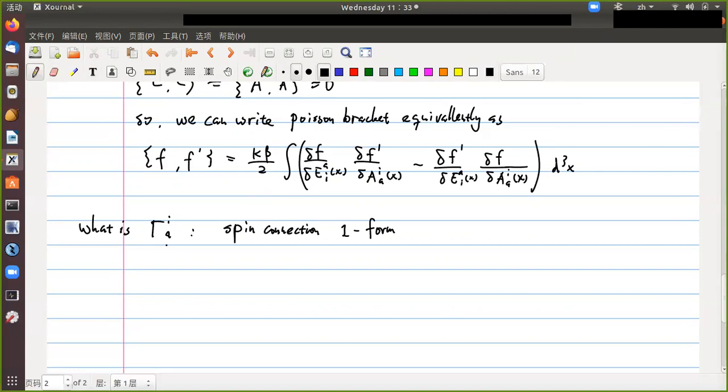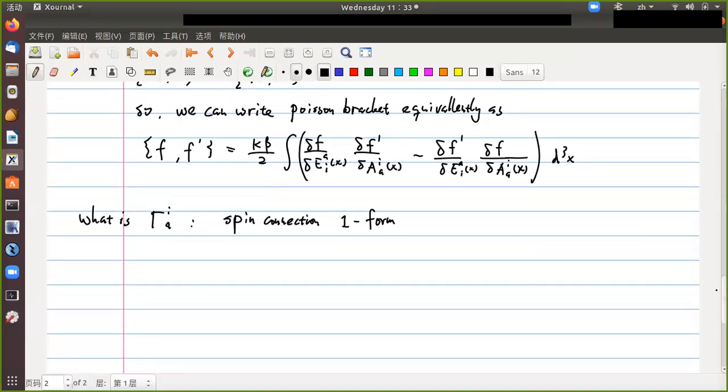Here I'm going to give you the definition: this one form is determined by satisfying this equation, D_a E^b_j. This D_a is just the covariant derivative compatible with the metric.